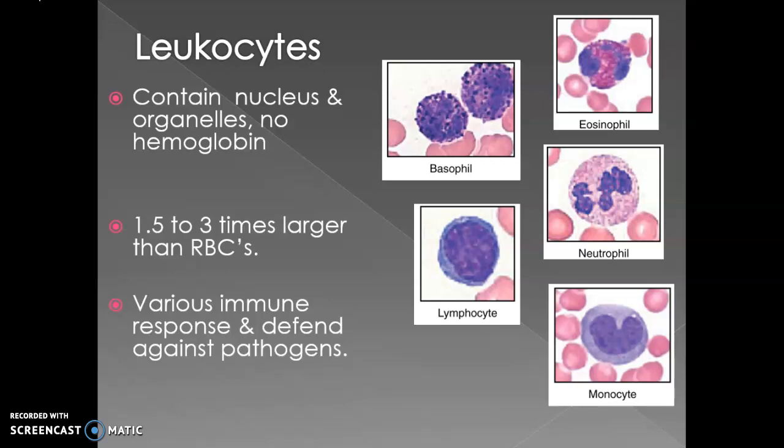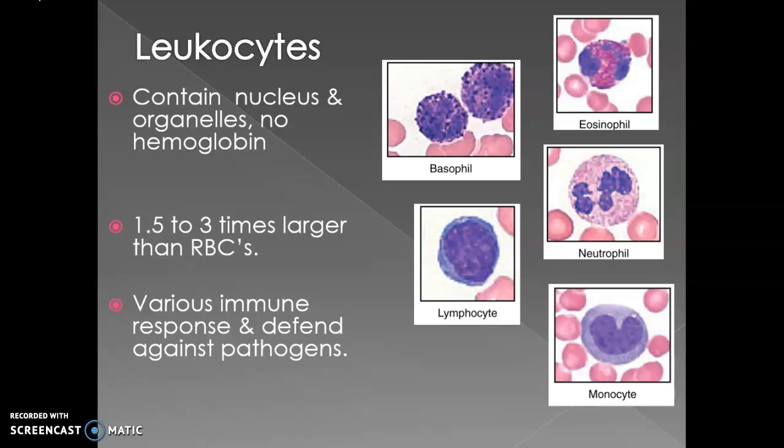The column on the very right hand side is showing us the granulocytes. Sorry, not the column on the very right, the column on the very left hand side. Just ignore that. 3 cells. Do you see the neutrophil, eosinophil, and basophil? If you look at these ones, you do see that the cytoplasm has granules.